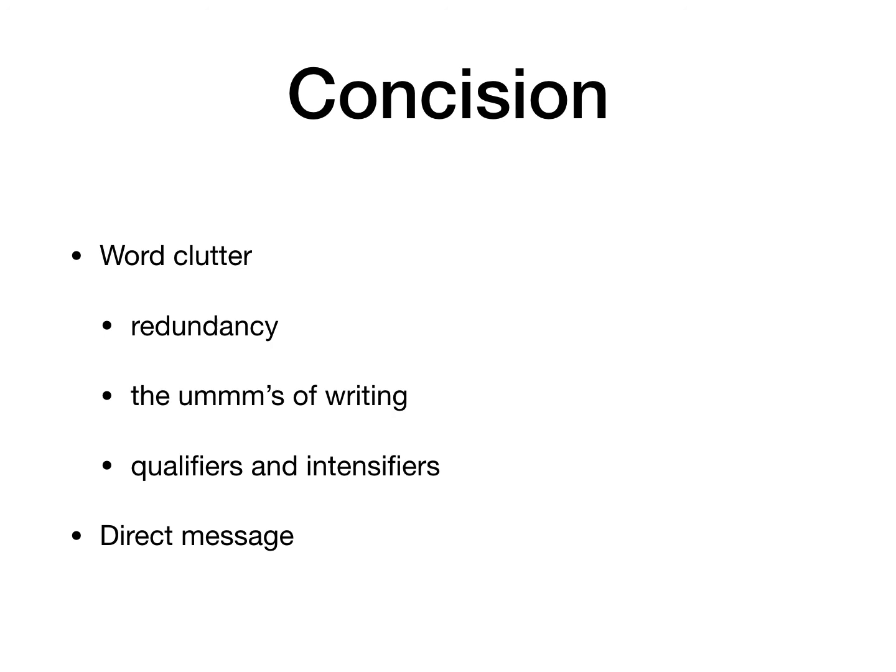We want to create, quite often, a direct message. And we also want to make sure that we're doing this while remaining conscious of the author's style and voice, if that's appropriate, of course. If we're editing something like a technical manual, then it's not appropriate for the author to have a style or a voice.